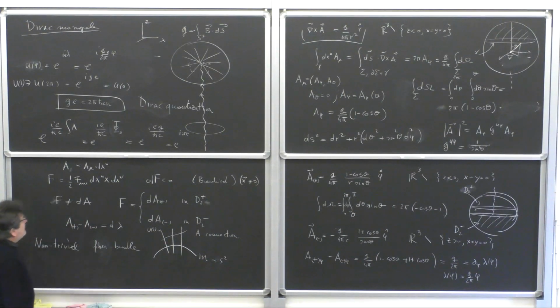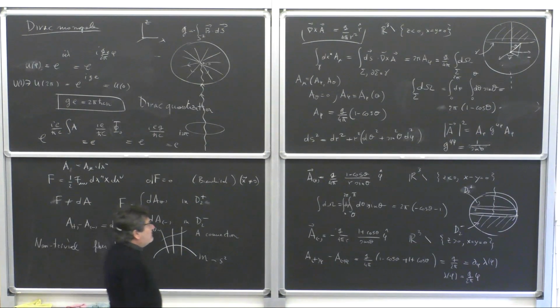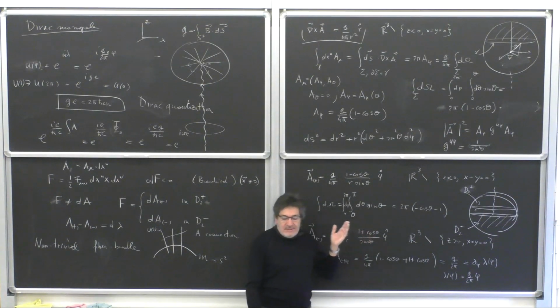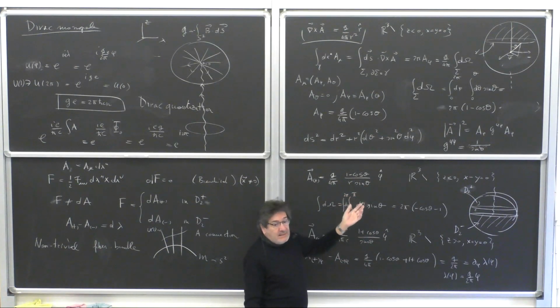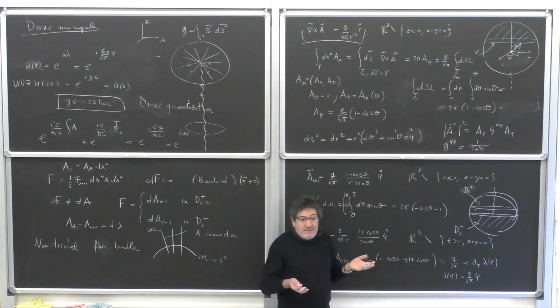Okay, non-trivial. And can I do quantum mechanics with this gauge field? Yes, you can. You do quantum mechanics with A plus on the upper part, and quantum mechanics with another wave function in the lower part, and then you reconnect. Physical quantity should be gauge invariant.